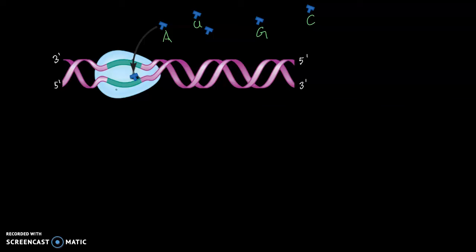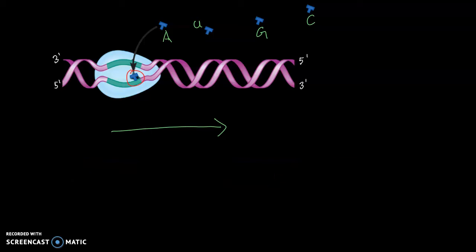The RNA polymerase is then going to make its way down along the DNA. It's going to unwind the DNA and separate the two strands while the newly formed RNA, starting over here, is being transcribed. So that is the third step.